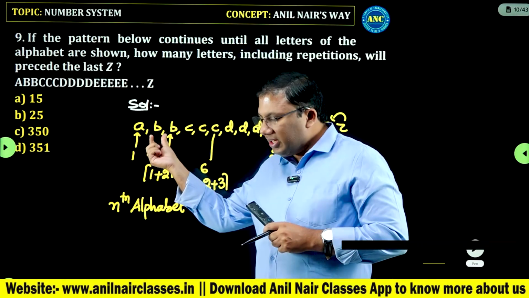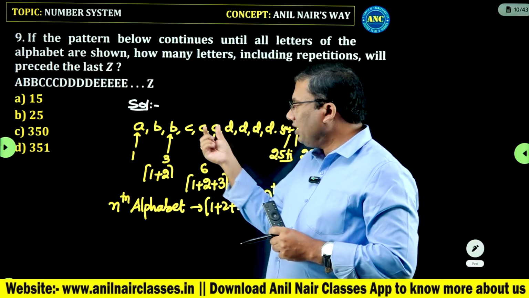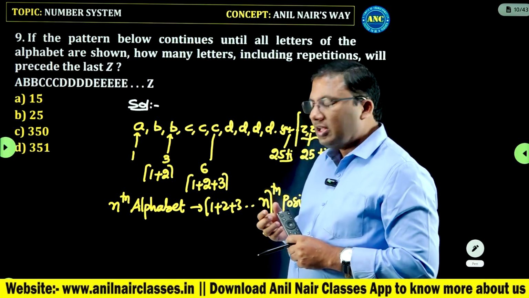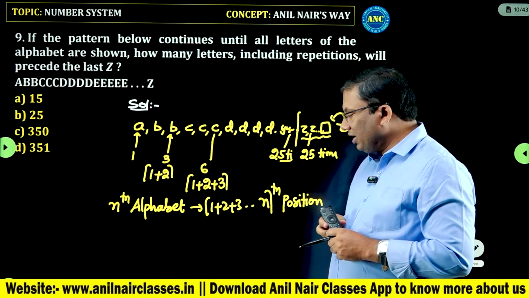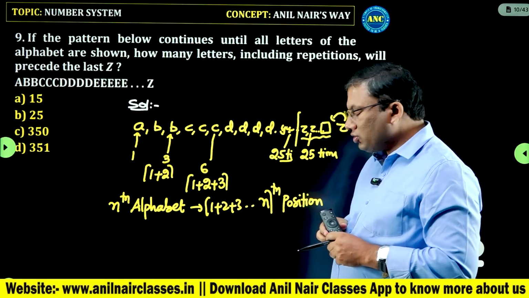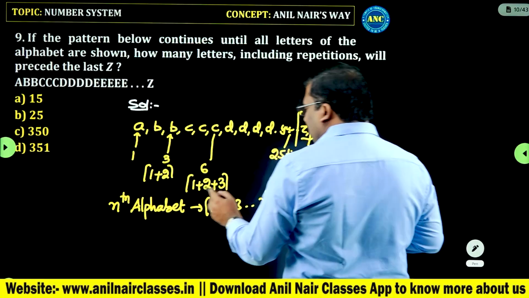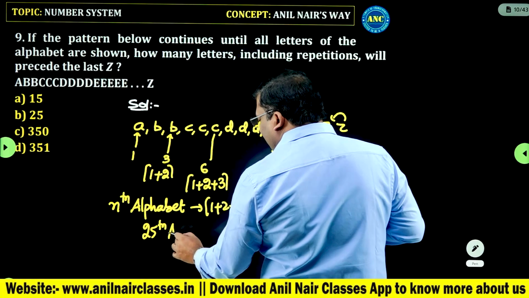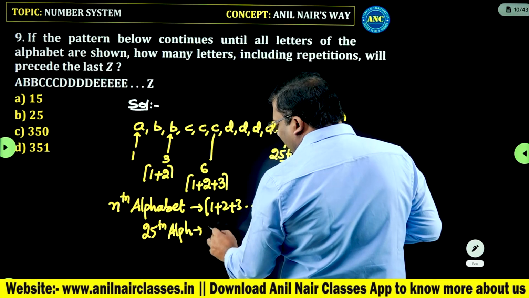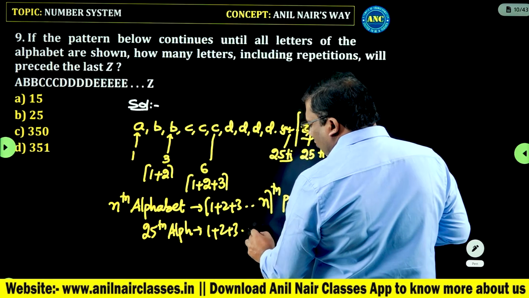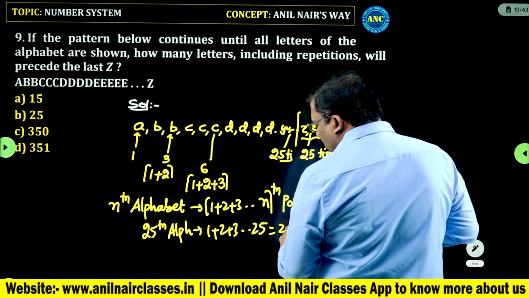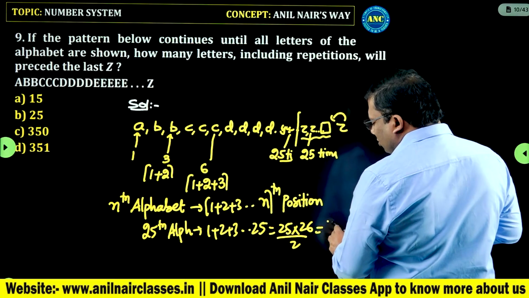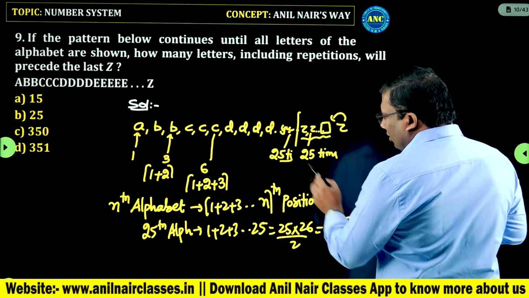First alphabet ends at the first position, second at the third position, third at the sixth position. That means the nth alphabet ends at 1 plus 2 plus 3 and so on up to n. So the 25th alphabet ends at 1 plus 2 plus 3 and so on up to 25, which is n into n plus 1 divided by 2, that is 325.